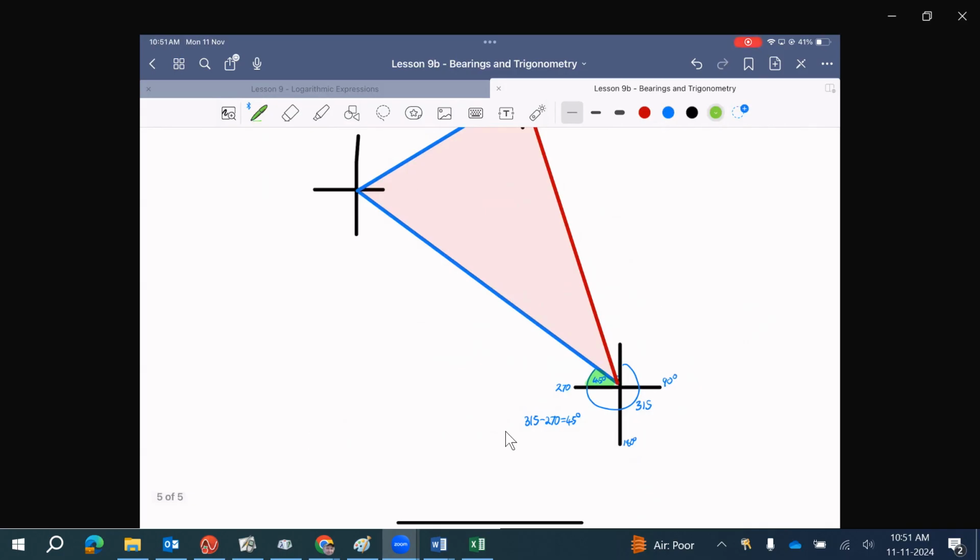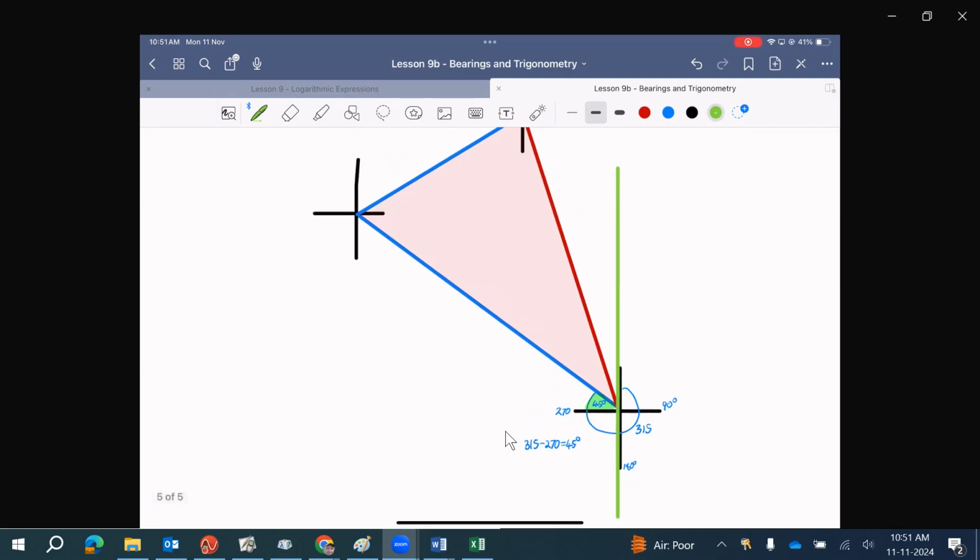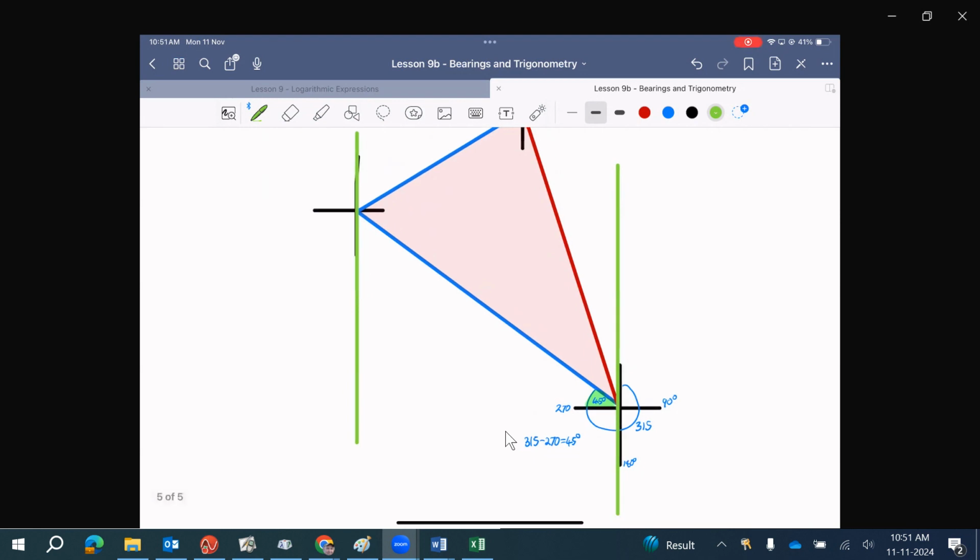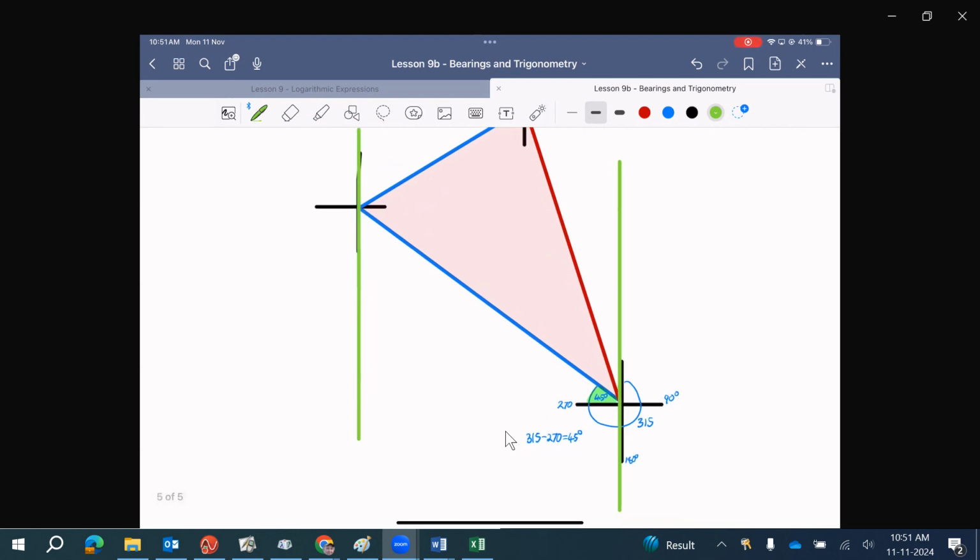Now, I mentioned earlier it's useful to extend these as parallel lines like this. So I'll just pop this in for a minute so we can see it. We want to move that 45 degrees up to the angle up there at the top. How can we do it? Well, let's have a little look.